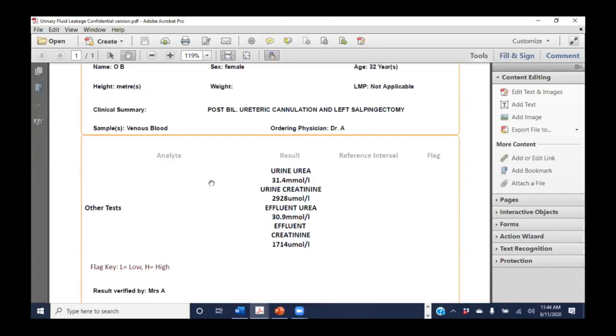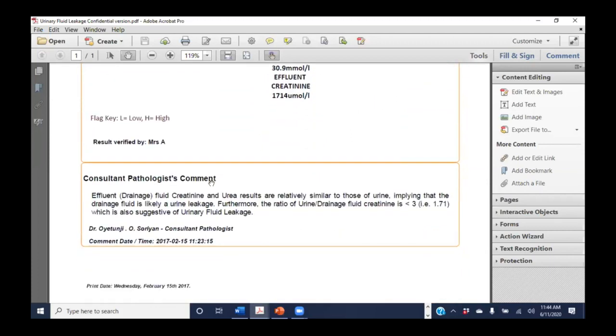So we asked for a sample of the urine, analyzed the urea and creatinine content of the urine, and calculated the ratio of that to the effluent coming from the drain applied post-op. And this was the result and the interpretive comments as projected. From that analysis, we were able to advise them that the effluent coming from the drain is urine.